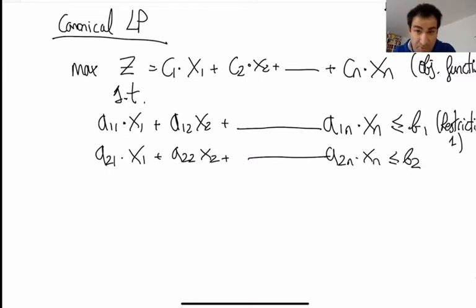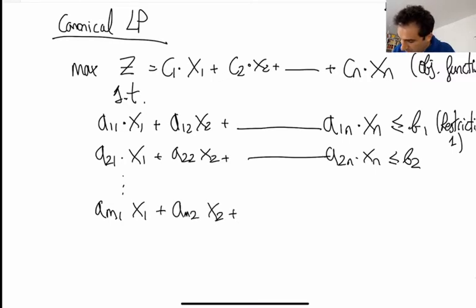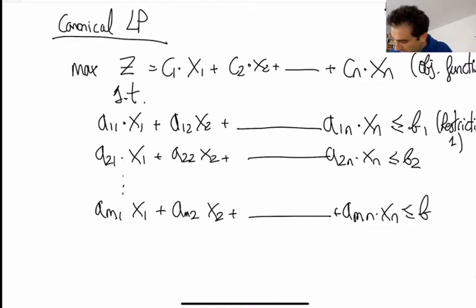This is the restriction number 2, and we move down and we have am, right, because we have m restrictions, am1 x1, am2 x2 plus amn xn lower or equal than bm, right?